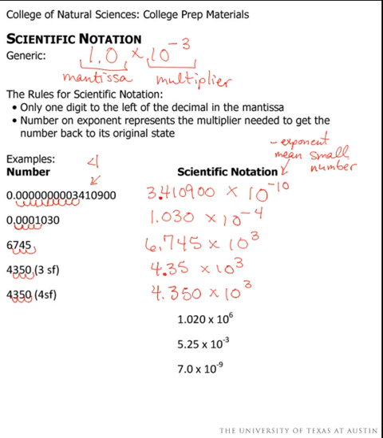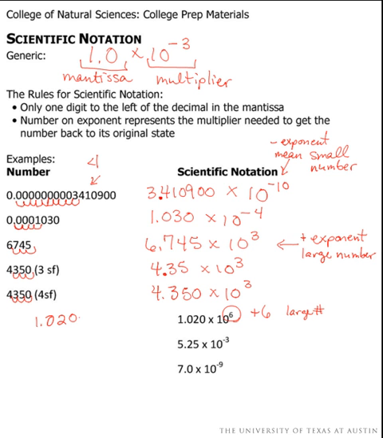So negative exponents in scientific notation indicate small numbers, less than 1, and a positive exponent indicates large numbers. Great. So now I can use that to my benefit here. I see that I have a plus 6, so it must be a large number.